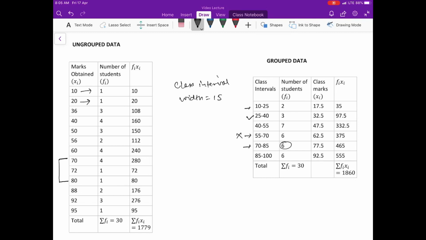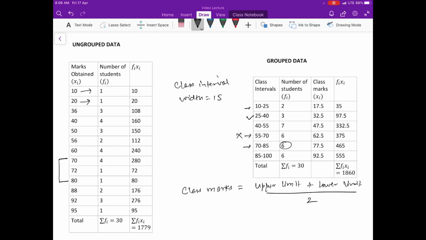Now we have converted the marks obtained data into class intervals or groups of data. For calculating the mean, you need the class marks, which will help you calculate the mean. The class mark is the upper limit of the class interval plus the lower limit of the class interval, divided by 2.